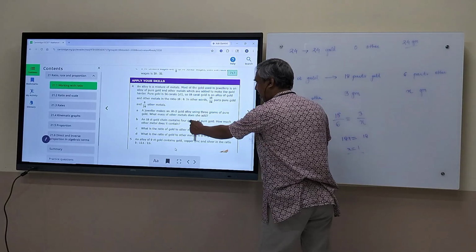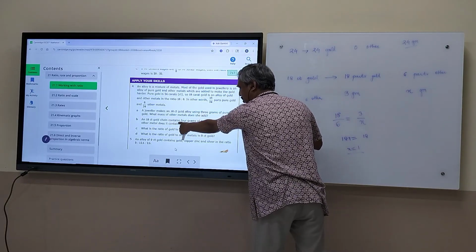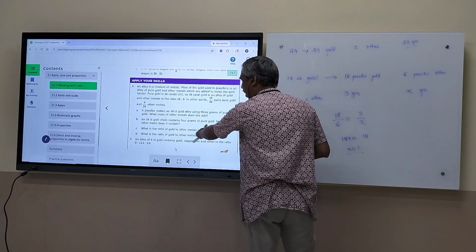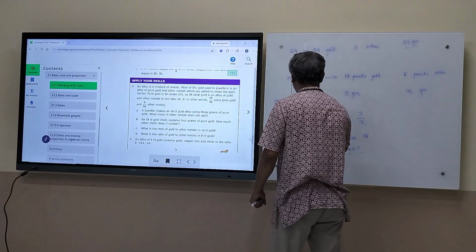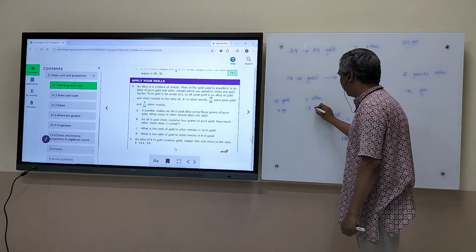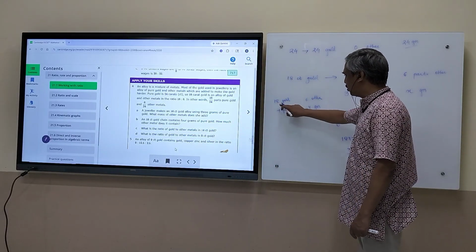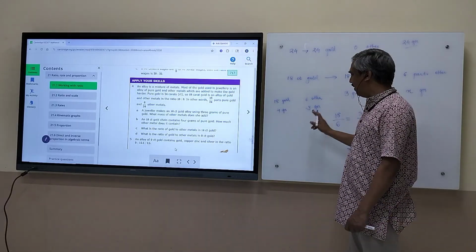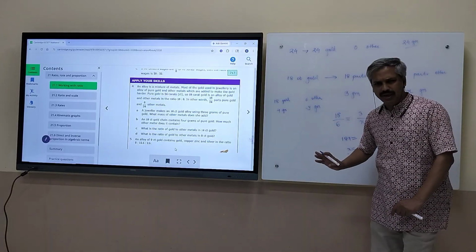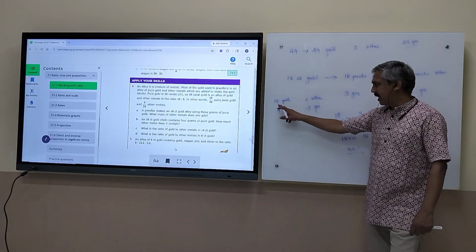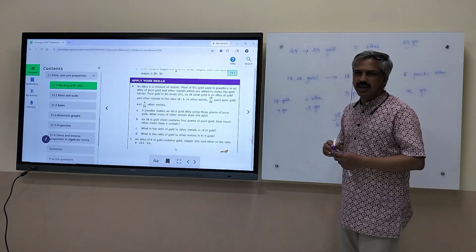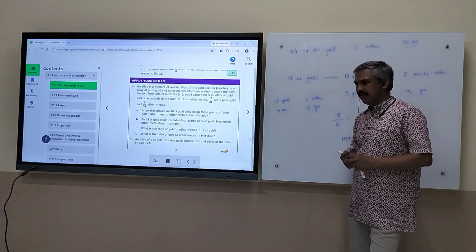How much other metal does it contain? Again, take the ratio 18 upon 6 is equal to 4 upon x. The answer will be in fractions, it is okay. Just take 18 upon 6 is equal to 4 upon x and you get the answer. I think it will be 1.33 or something like that, 4 by 3 maybe.